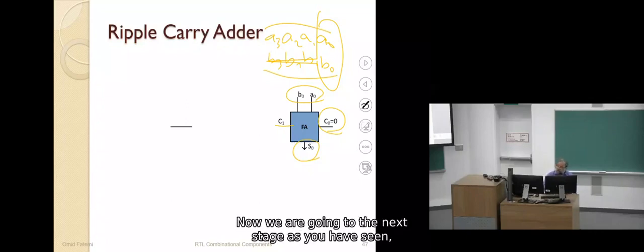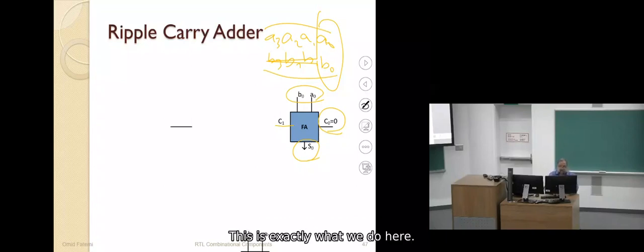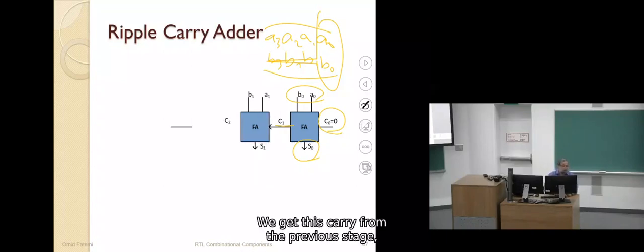Now we are going to the next stage. As you have seen, we get the carry from the previous stage and add it to A1 and B1. So this is exactly what we do here. We connect A1 and B1 to the inputs of this full adder. Now we get the result S1 and carry 2.